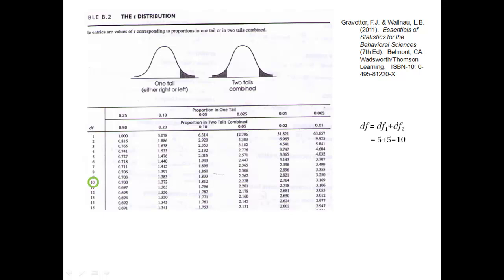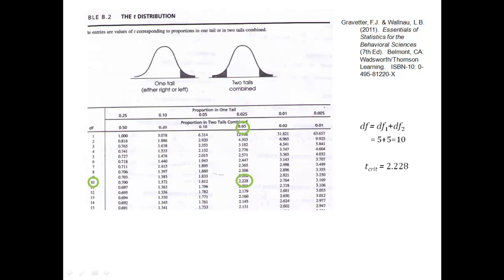Now we need to figure out which column to be in. Unless otherwise specified, you can always assume that it's a two-tailed test with a p level or an alpha level of 0.05. That's the default kind of test that we always do, alpha of 0.05, two-tailed test. So we need to be in this column, and if you put your fingers together and run one finger down and one finger across, you end up with a t-crit value of 2.228.